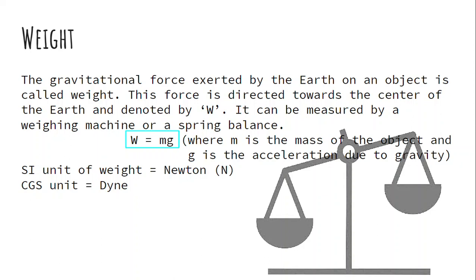Unlike mass, weight has a formula, which is W equals mg, where m is the mass of an object and g is acceleration due to gravity. Small g is acceleration due to gravity. The SI unit of weight is Newton and the CGS unit is dyne.